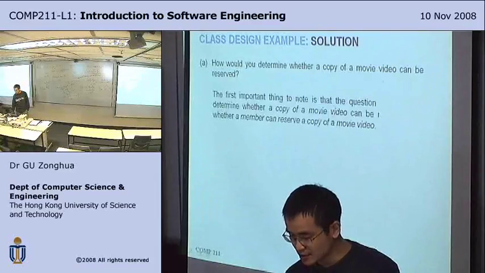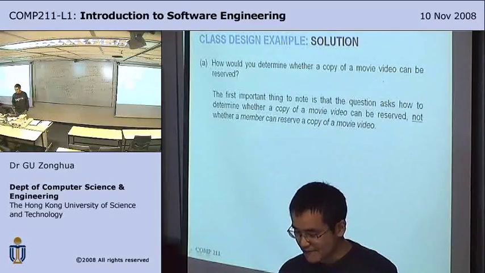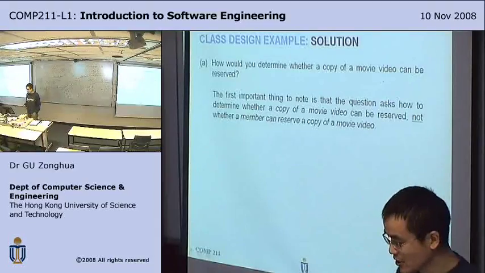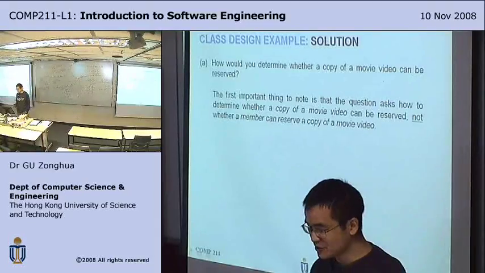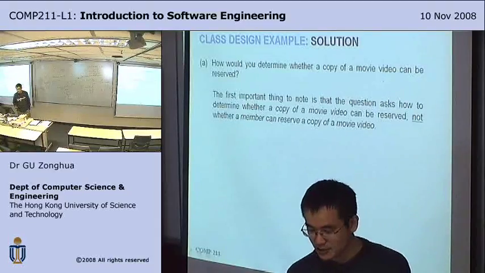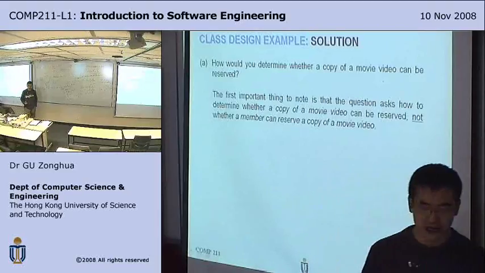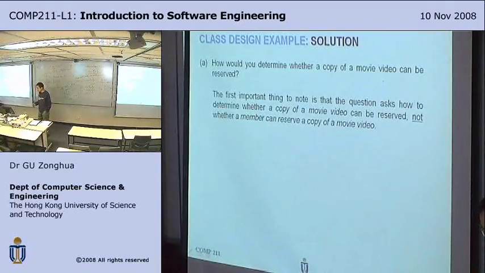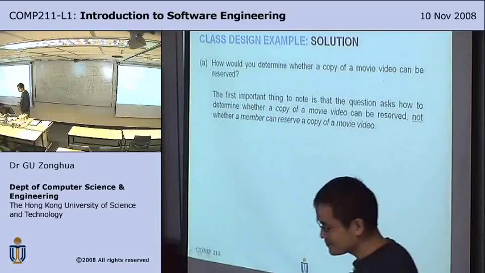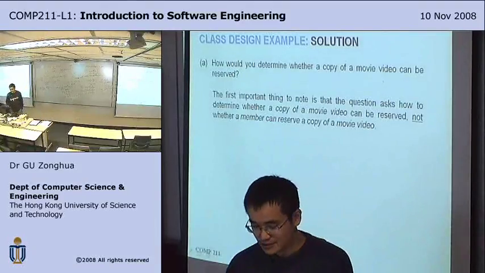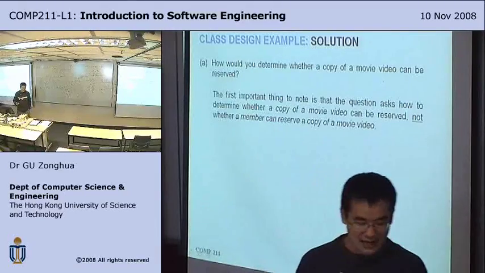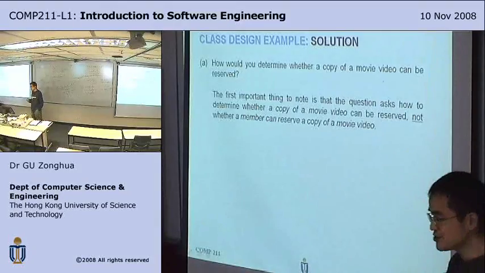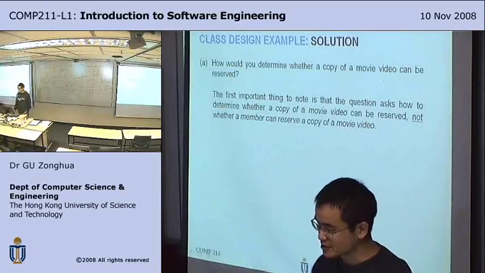So the solution is, first to note the question asks how to determine whether a copy of a movie video can be reserved, not whether a member can reserve a copy of a movie video. That is, you're given a video, you're trying to determine if it's available or not. The member having less than 5 videos reserved is another issue that's not asked in this question.